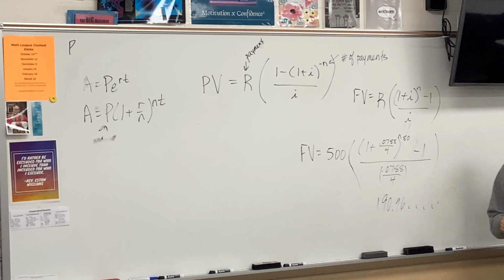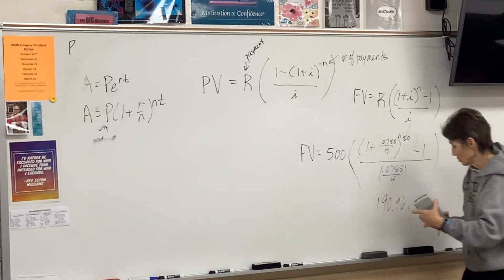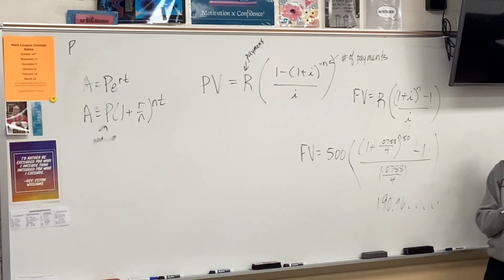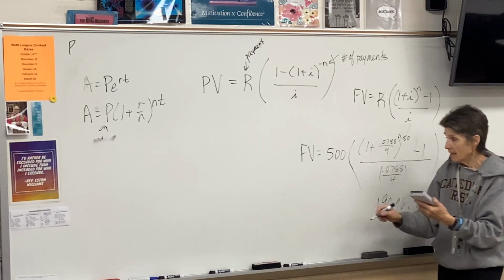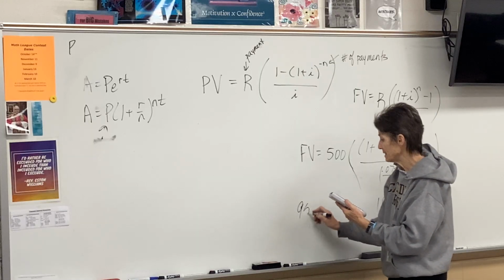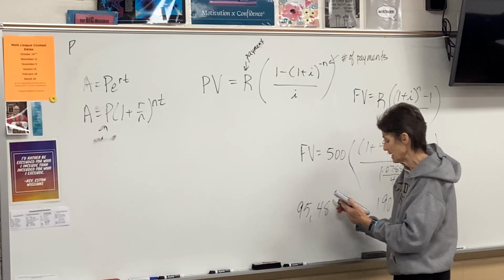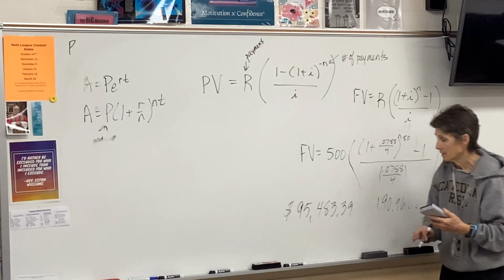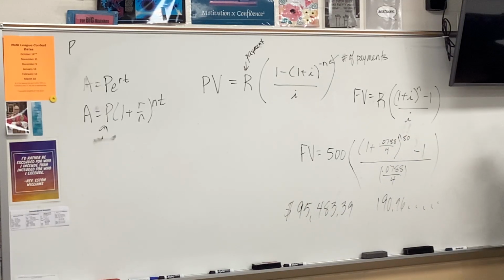There it is. Now this time, I'm looking for FV, so all I need to do is take that number times 500, and the value of her account will be $95,483.39. That will be the value of her account.